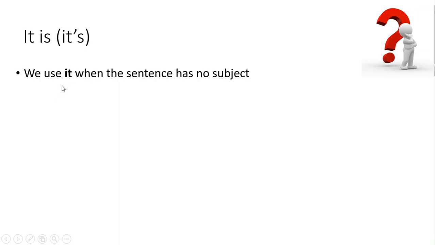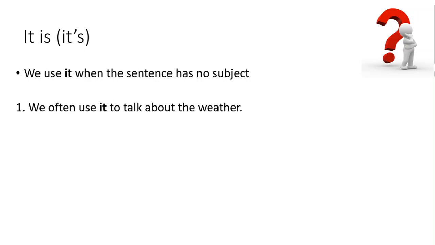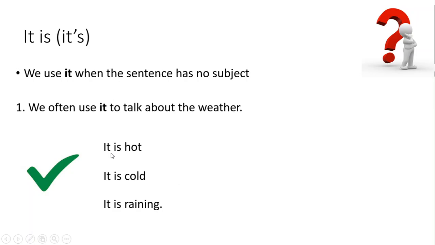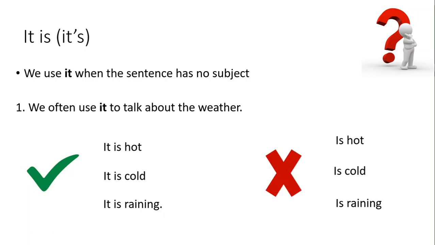And when to use this one? We often use it to talk about the weather. For example, it is hot, it is cold, and it is raining. We cannot say there is hot, there is cold, or there is raining, even if it had the meaning. Why?